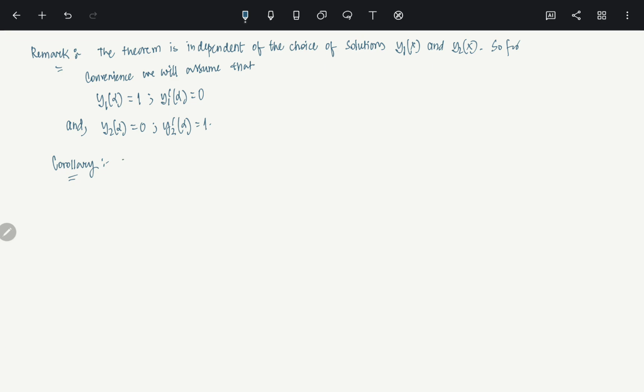The homogeneous boundary value problem, with R(x) equals 0, has infinitely many non-trivial solutions if and only if delta is 0.